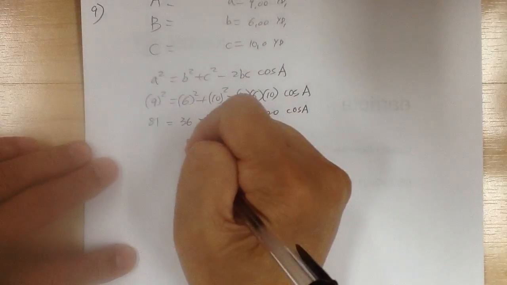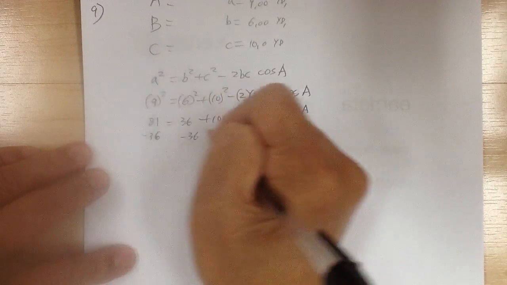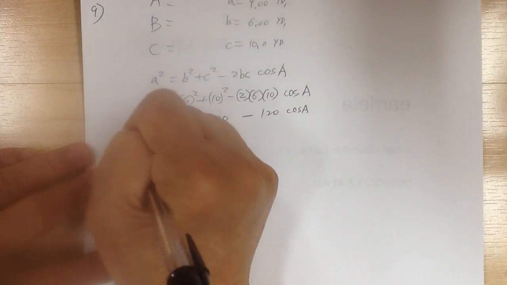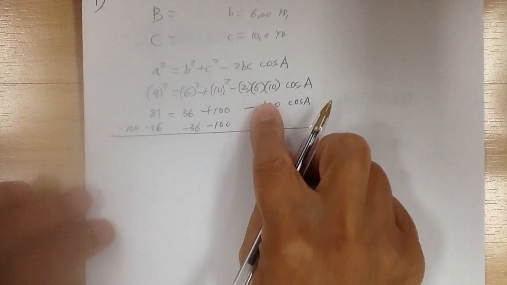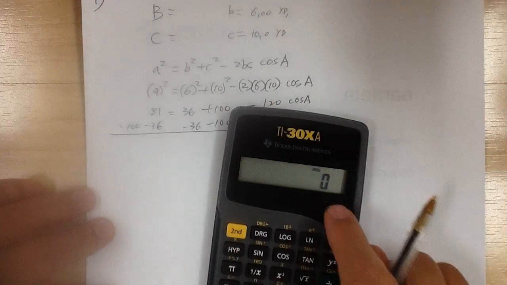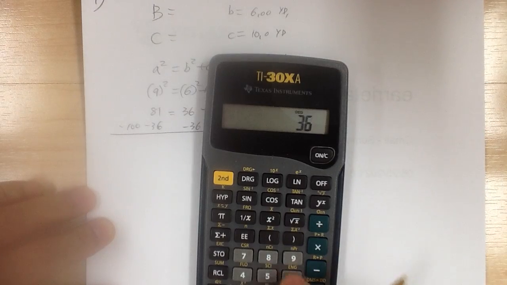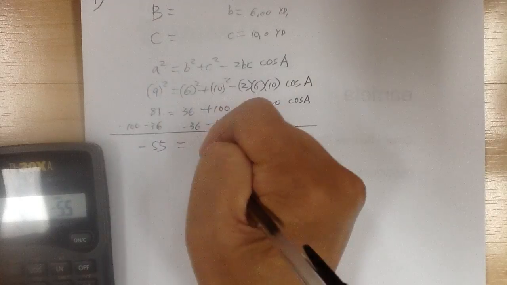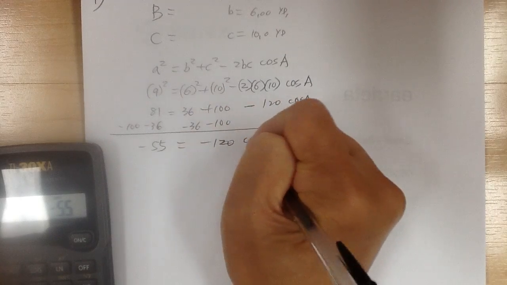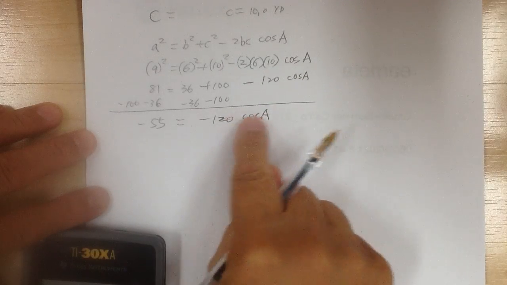Okay, then you have to minus the 36 from both sides, and you have to minus the 100 from both sides. Now do not minus this because this is one term, okay? So 81 minus 100 minus 36, you're going to get negative 55 equals negative 120 cosine of A. Then from there, you have to divide because this is a multiplication.